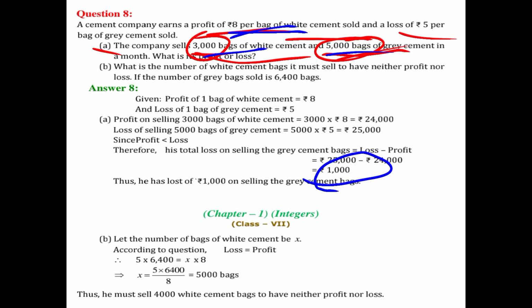Okay, now there is another question. What is the number of white cement bags it must sell to have neither profit nor loss if the number of grey bags sold is 6,400 bags? Now this question is a little different. So here we have to find the number of white cement bags the company must sell so that there is no profit, no loss if the number of grey bags sold is 6,400.